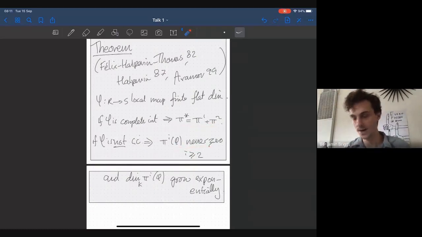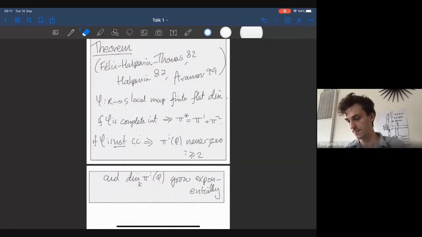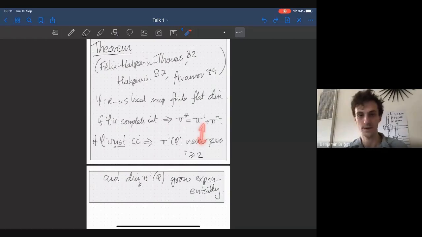Either you have an elliptic space, in which case the rational homotopy algebra stops at some point, or you have a hyperbolic space, in which case the rational homotopy algebra goes on forever and is very complicated. So the same dichotomy and the same strange gap between complete intersections and non-complete intersections also shows up in rational homotopy theory, about the gap between what are called elliptic and hyperbolic spaces.